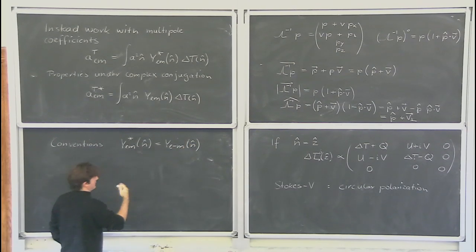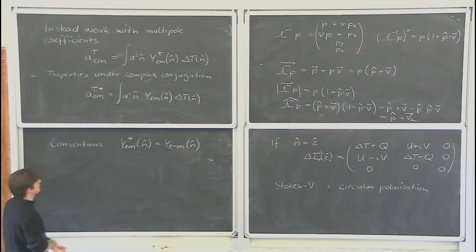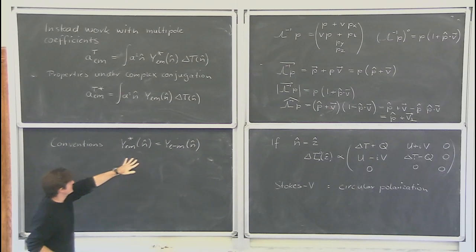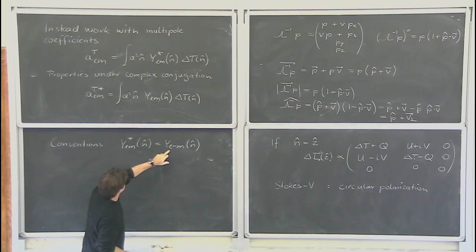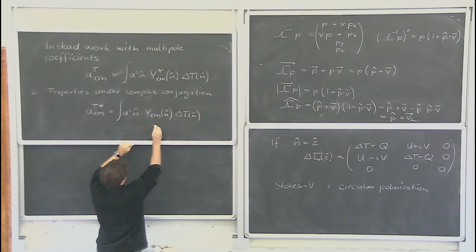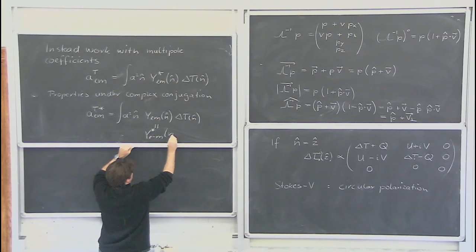In quantum mechanics, I'm used to the Condon-Shortley phase, which gives you another factor of (-1)^m here. But in any case, this is the one that's usually used here, which also means that if you complex conjugate this, you get this. So in these conventions, this is Y_l minus m of n hat.